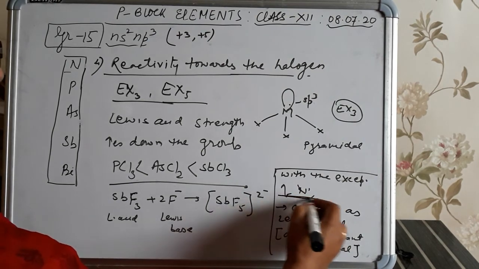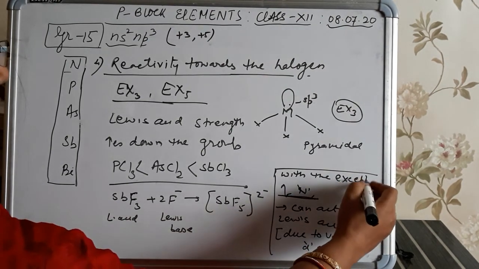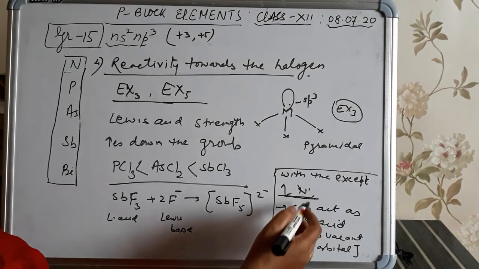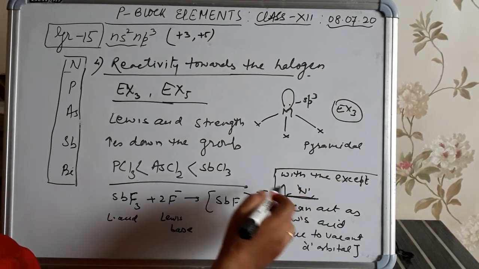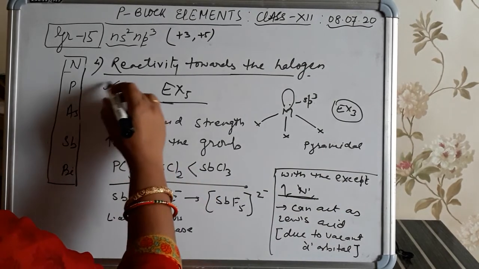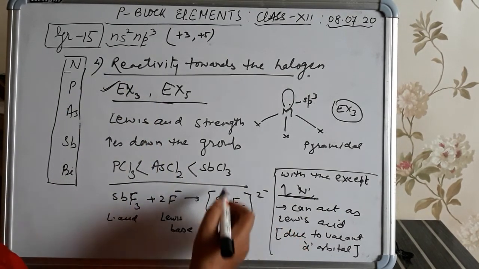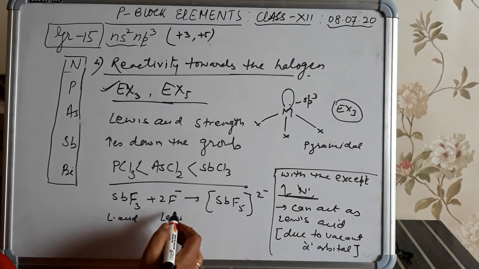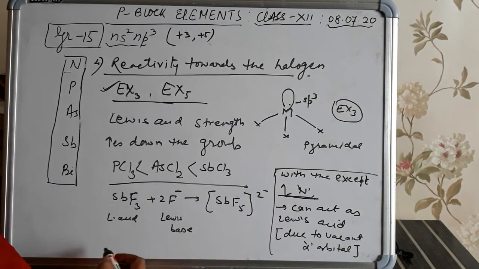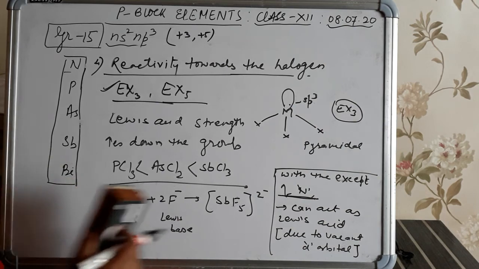Only nitrogen cannot behave as a Lewis acid because it has no vacant d orbital. It behaves as a Lewis base. In trihalides, all the members are Lewis acid in nature because they can accept lone pair electrons.